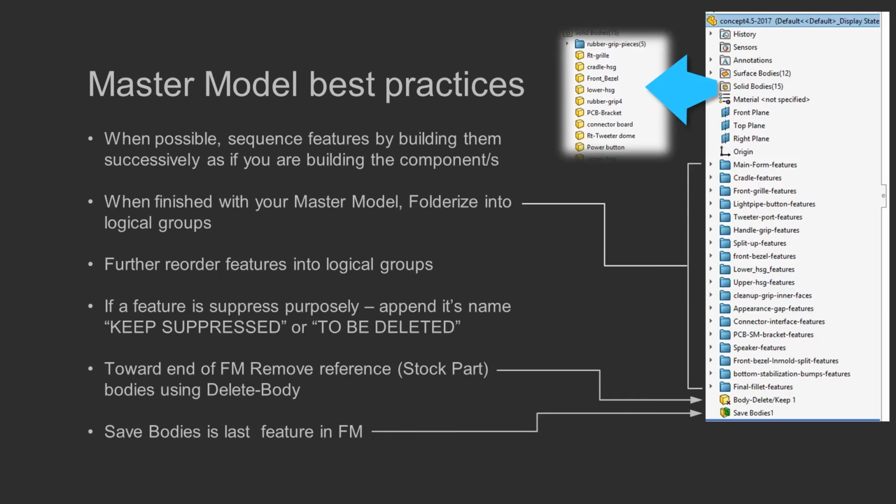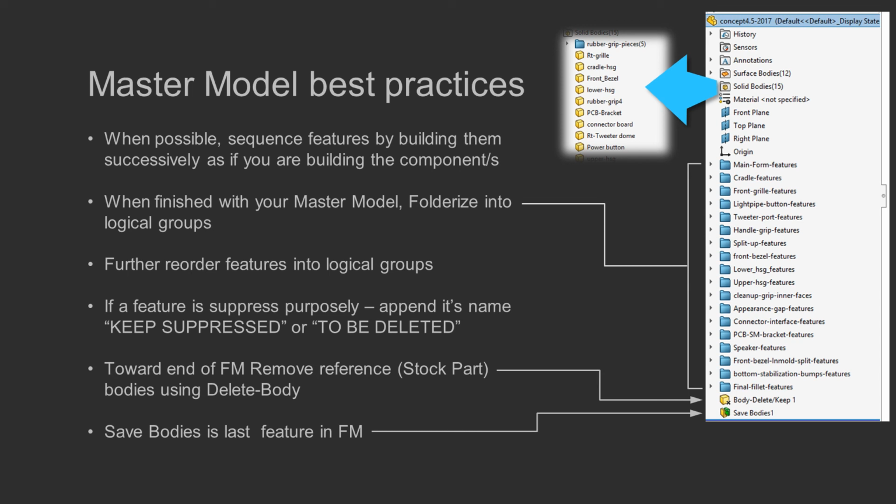Some other best practices would be the organization of your master. Once you're finished with your master and it's ready to be derived to other parts, and you're in a detailed design mode where you're just making minor changes, organize your master so that it reflects the way that you're building parts.